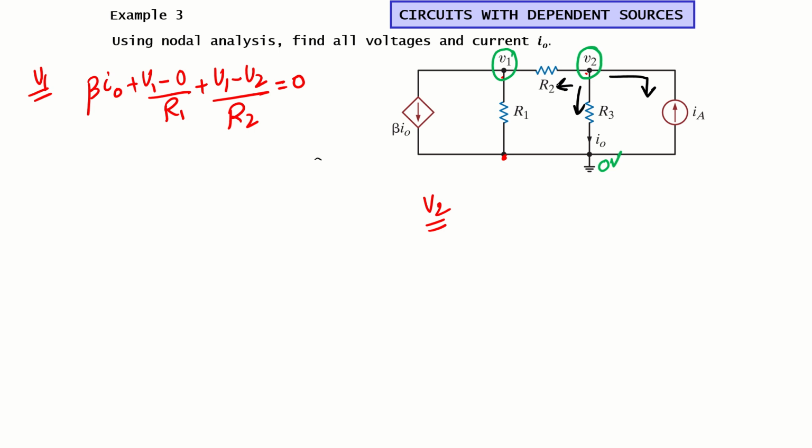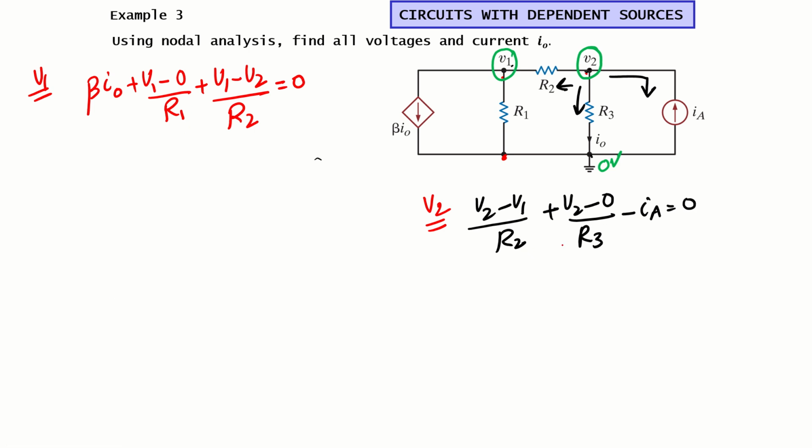What will be the current through R2? That is V2 minus V1 divided by R2. Then the current through R3 will be V2 minus 0 divided by R3. Then this current IA is coming into the node, but since we assume all currents are leaving, that will be minus IA is equal to 0. So this is our equation.